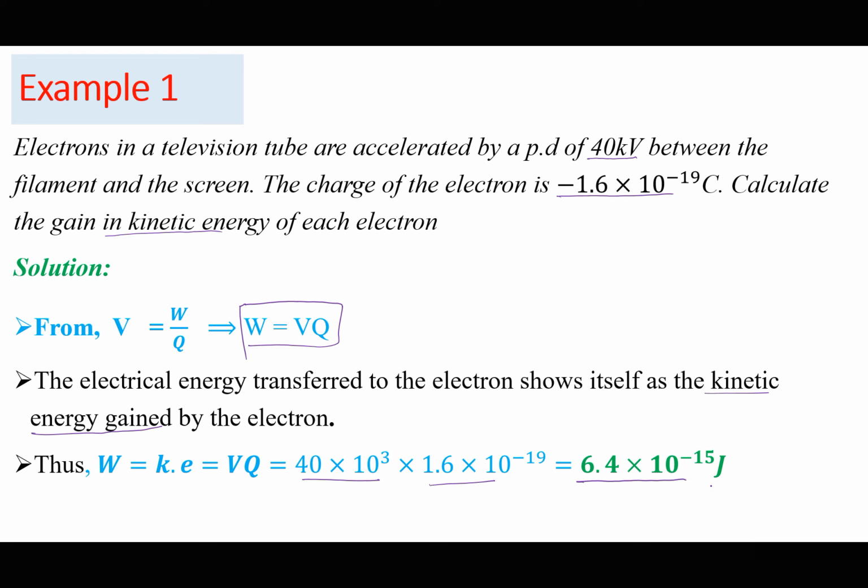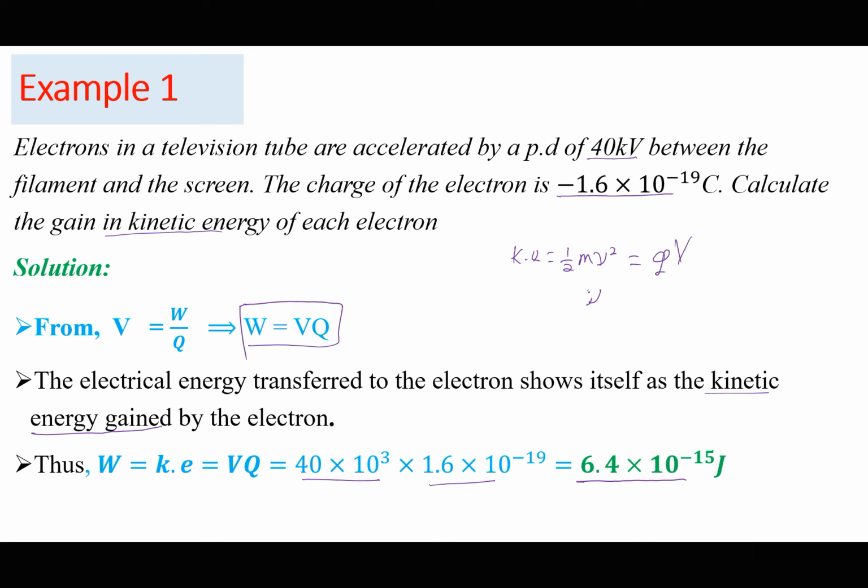So we say that the work done by the accelerating PD has become the kinetic energy. If I want to find the speed of this electron, I could say the kinetic energy, KE, can also be half mv squared, which is the charge times the accelerating PD.